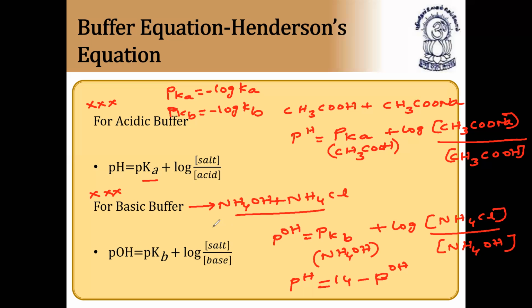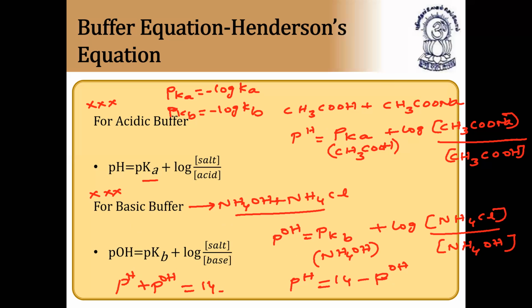After calculating pOH, we calculate pH, that is 14 minus pOH, because we already know pH plus pOH is always equal to 14. So that's why we calculate like this.